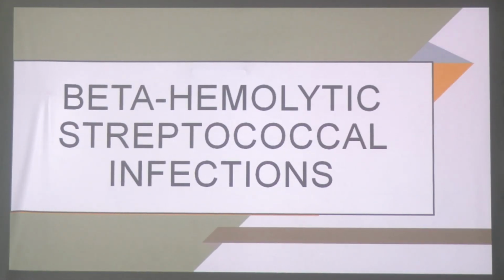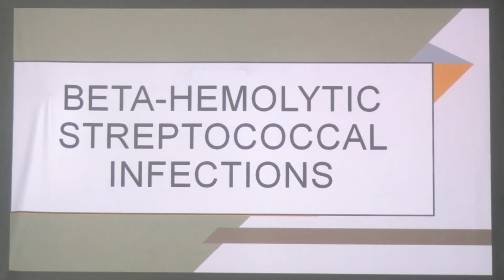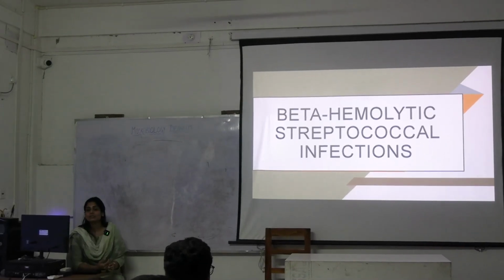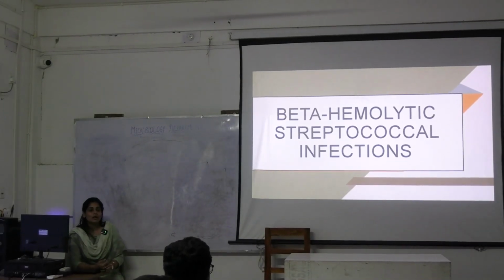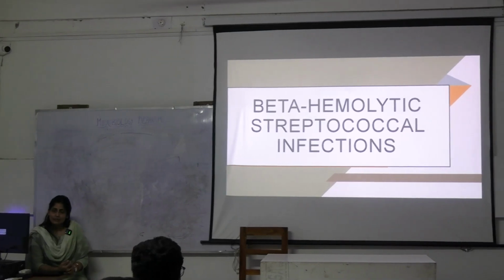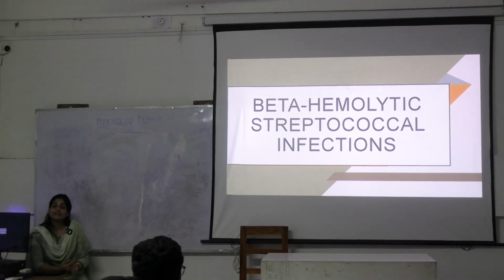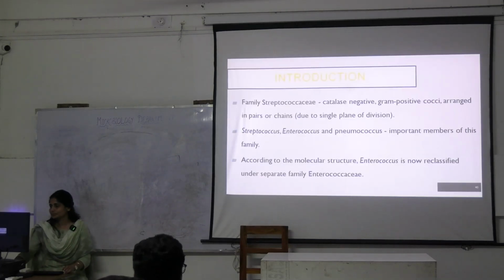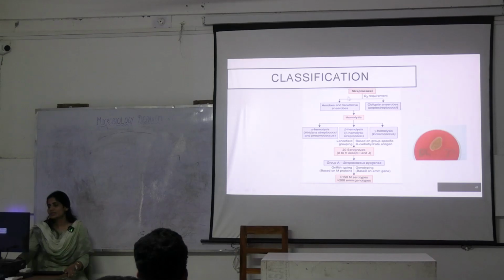That was about staphylococcus. Coming to beta hemolytic streptococcal infections. Streptococcus we discussed. Streptococcus is a gram-positive cocci, appears in chains because it divides in one plane, right? It is catalase negative. Okay. This is the classification that you have to remember.